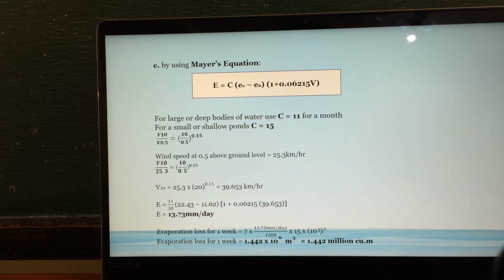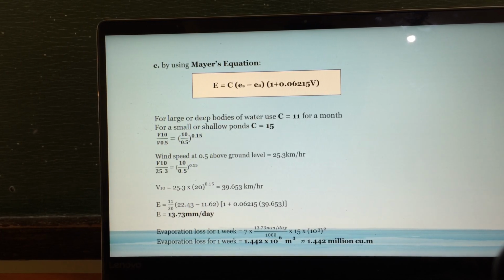C. By using Meyer's equation with the formula of E is equal to C times the quantity of E sub S minus E sub A, times the quantity of 1 plus 0.06215 times V. For large or deep bodies of water, use C is equal to 11 for a month. For small or shallow ponds, C is equal to 15. V sub 10 over V sub 0.5 is equal to 10 over 0.5 raised to 0.15.